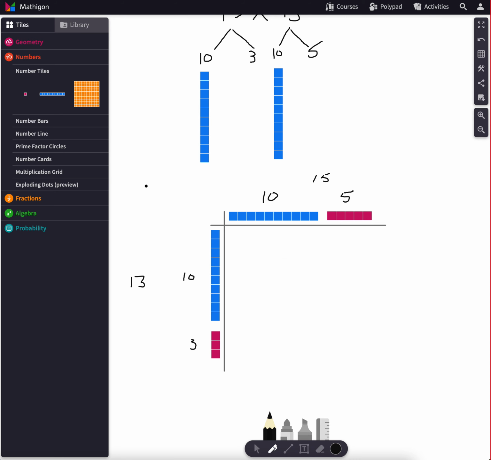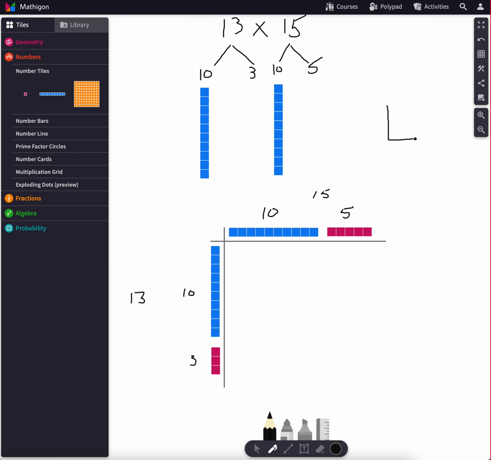If you guys remember doing areas of shapes, you always had length times width, okay? And then to get the area, you would multiply them together, right? Straightforward enough. You're going to take the exact same idea here, right? This could be your length and this could be your width.